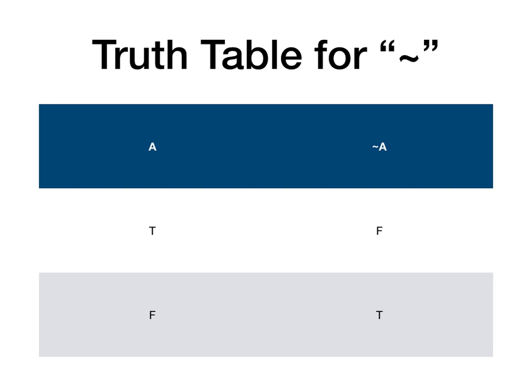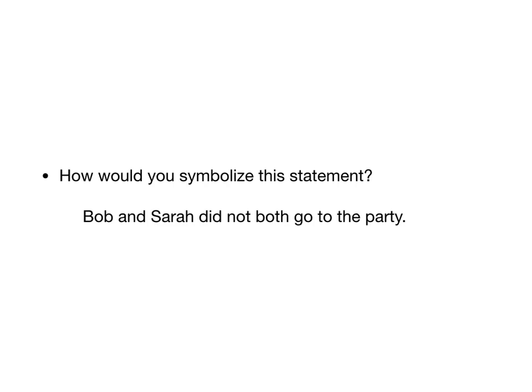But let's get to a seemingly complicated, perhaps tricky statement. It's simple, but there's something about it that's tricky, right? So let's look. How would you symbolize this particular argument? Bob and Sarah did not both go to the party. I won't go through the whole symbolization, right?